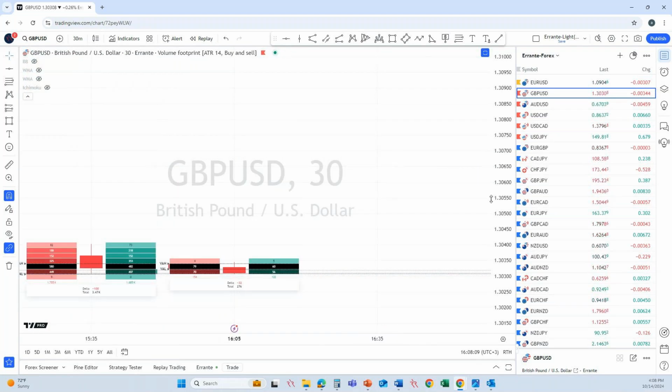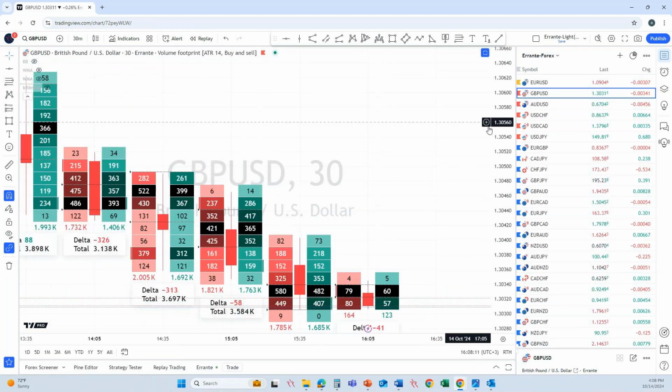And here we go. Let me make sure that everyone can see. Yes, please confirm to me if you can see my TradingView charts on your screen as well. Okay, great. Thank you so much.